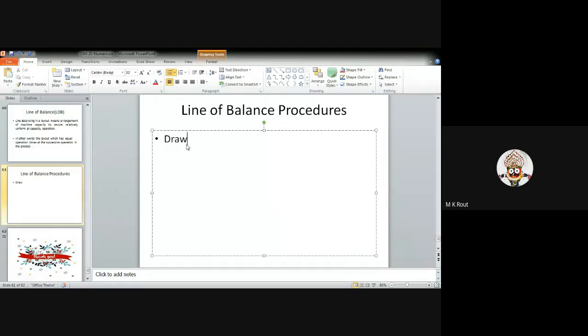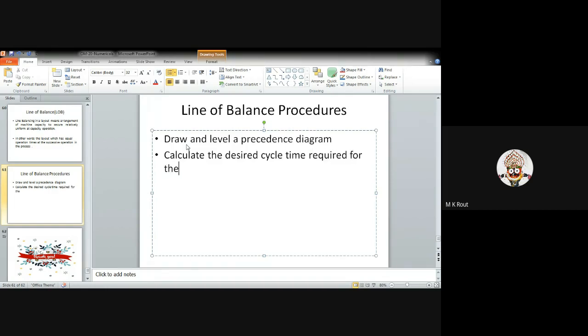First one is draw and label a precedence diagram. The second one is calculate the desired cycle time required for the line.